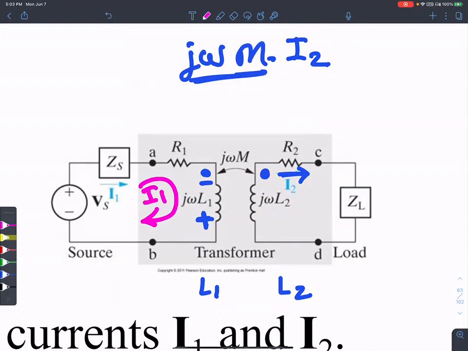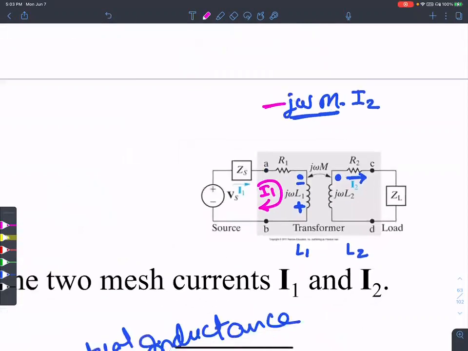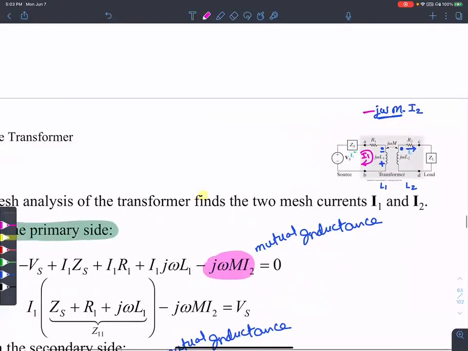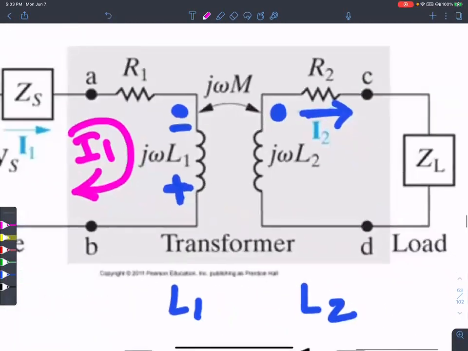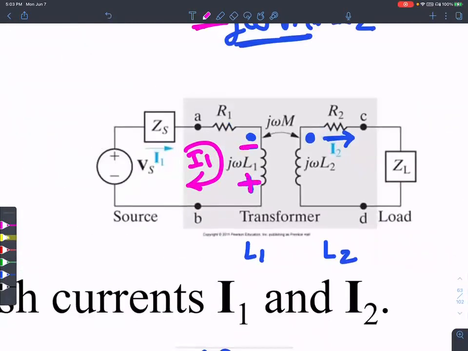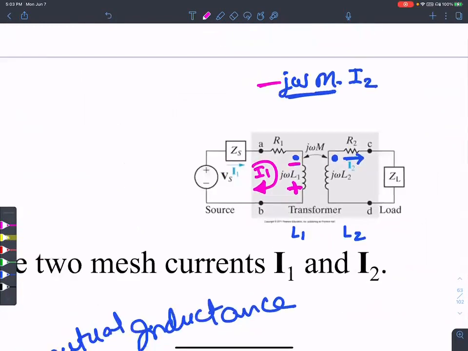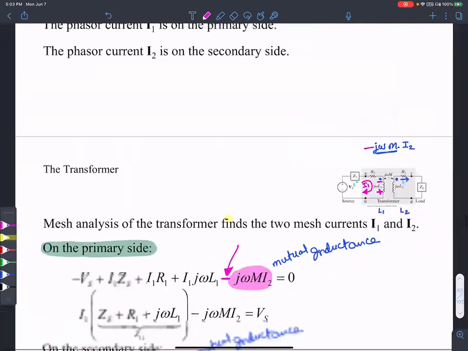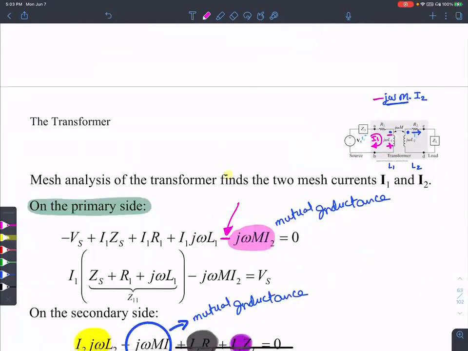I1 is going in the opposite direction, hence we end up with a negative sign here, because the voltage induced is opposite to the direction of I1.